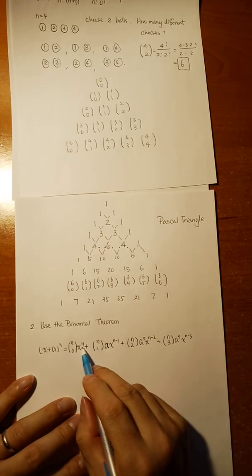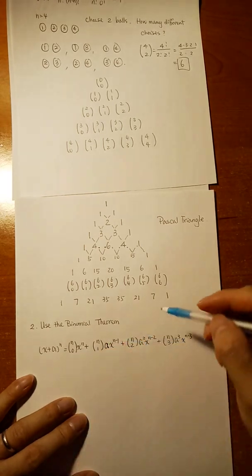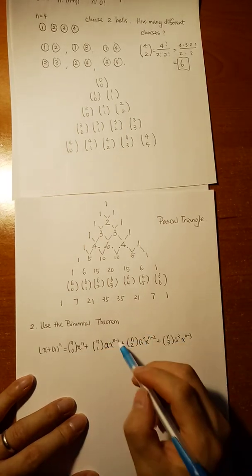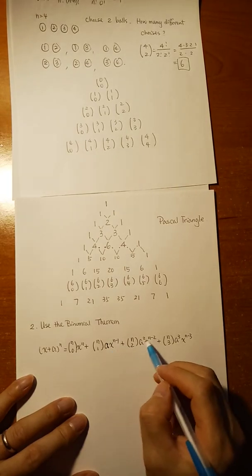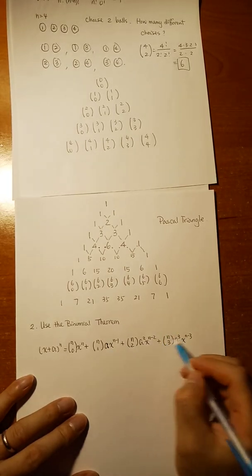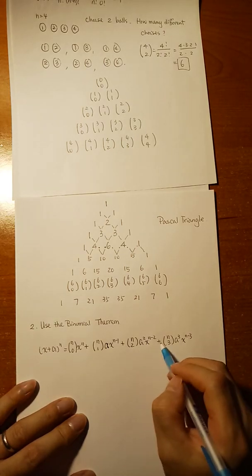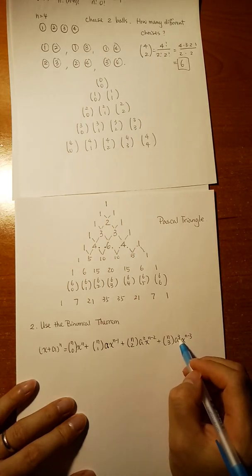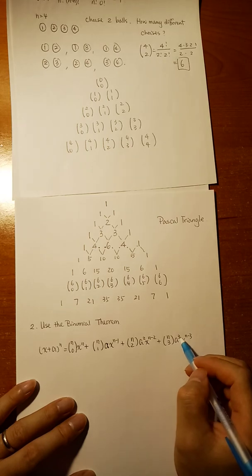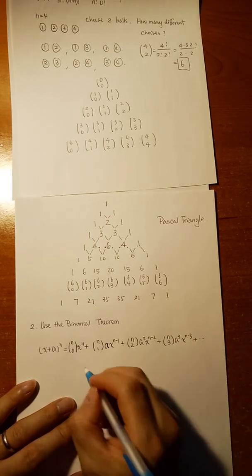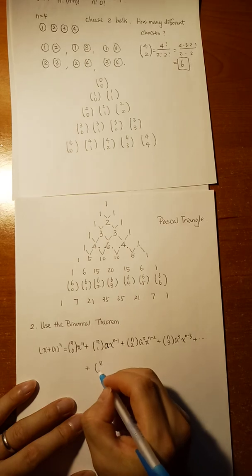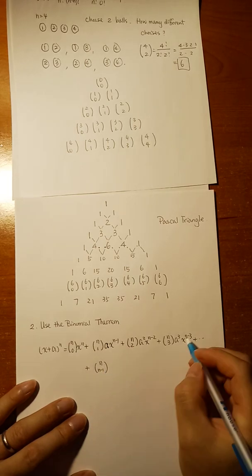So you see here, the x has exponent decreasing, and a has exponent increasing. Here's 2, here's minus 2, here 3 is minus 3. And this j depends on the degree of the exponent of a. And you continue this until you have n choose n minus 1.